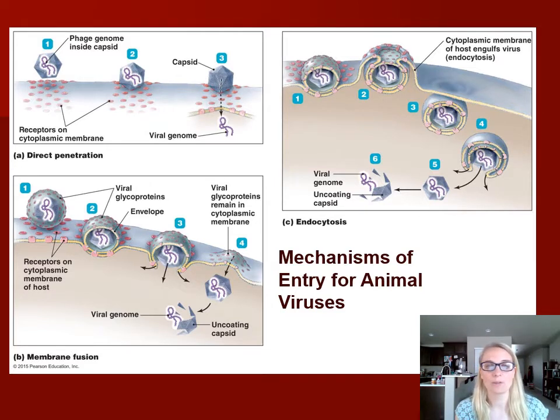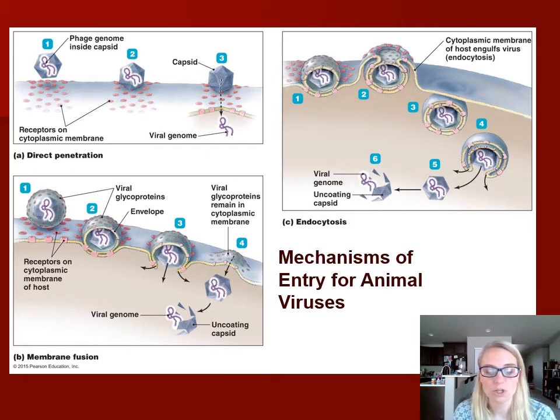But really, when we talk about the virus, it just is that piece of nucleic acid, whether it's the DNA or the RNA. So the whole point of attachment to the host cell is to eventually get that viral genome into the cell, because that's the only thing it really wants to do, to get into the host cell so then it can make more of itself. So in this first method, is direct penetration.